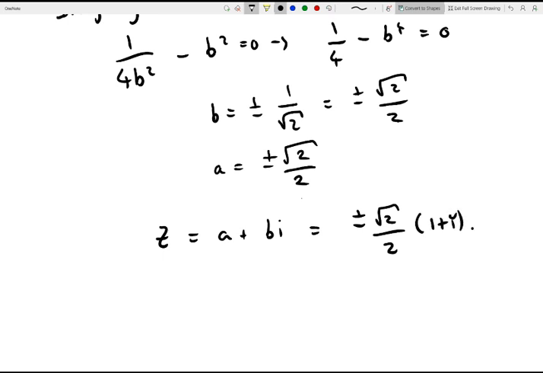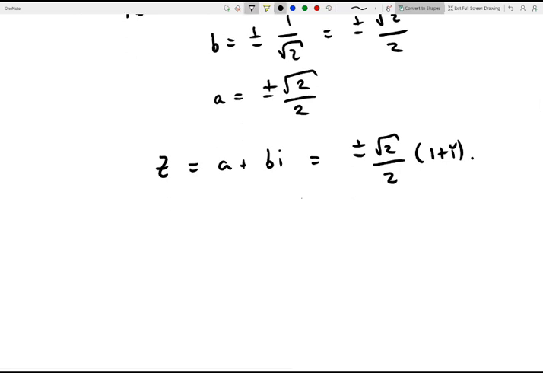And that means when we square this out, if we were actually to do root 2 over 2 times 1 plus i, all squared, we would end up with i. And the same with the negative.